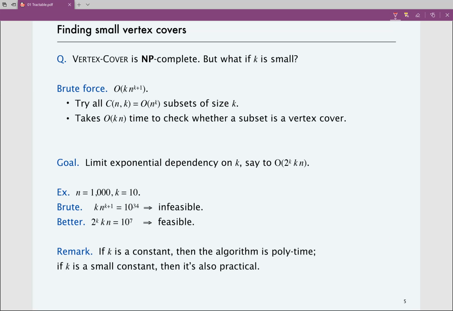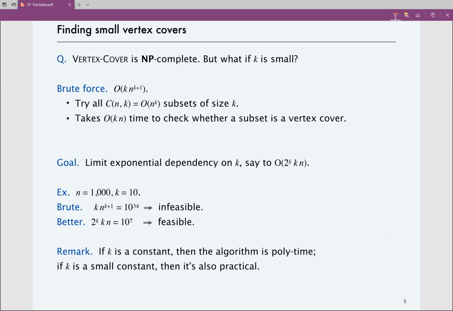And what we want to do is come up with an algorithm where the exponential part is only going to be something like 2 to the kth power. Okay, so we don't have this factor of n sitting in here. Okay, and we're going to see that even though this is still an exponential running time, it's going to be much, much faster in practice than the pure brute force approach.